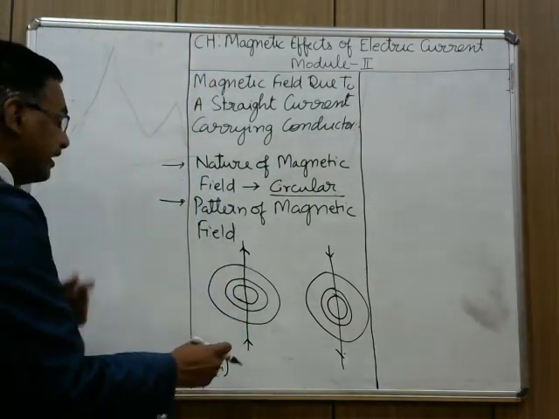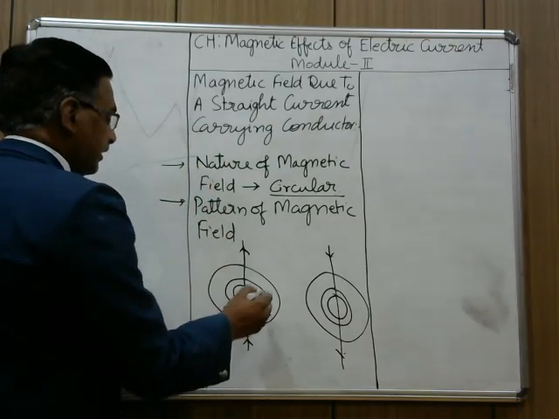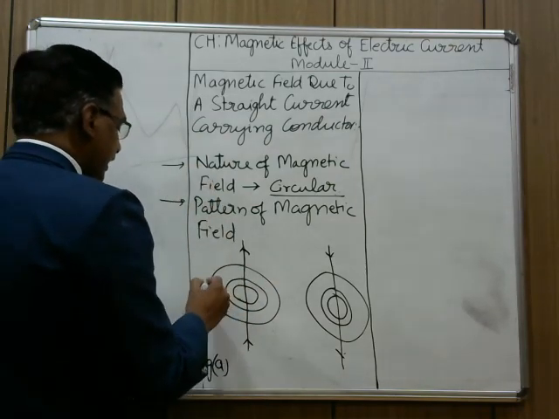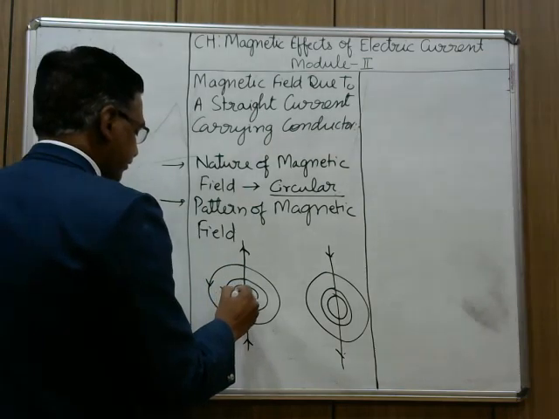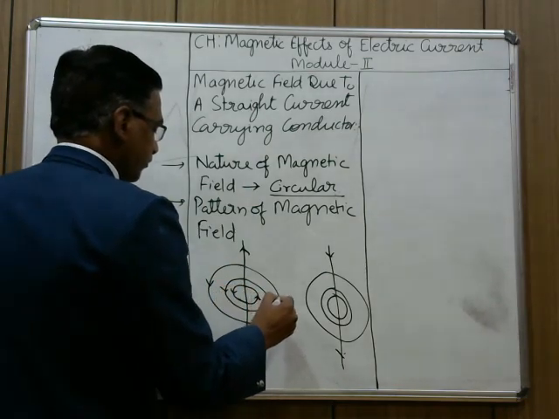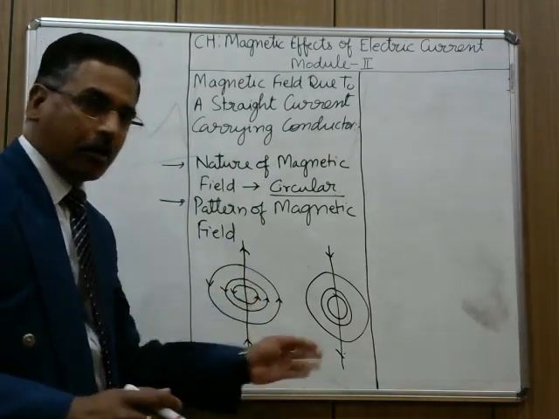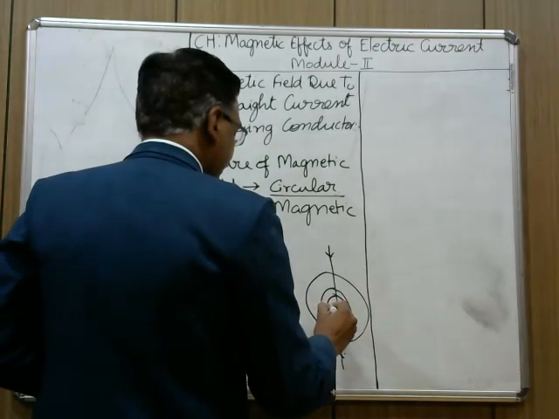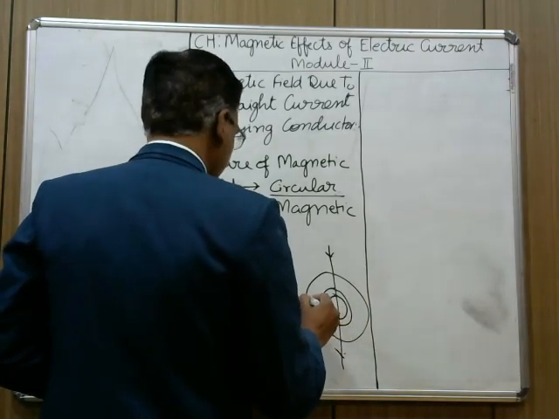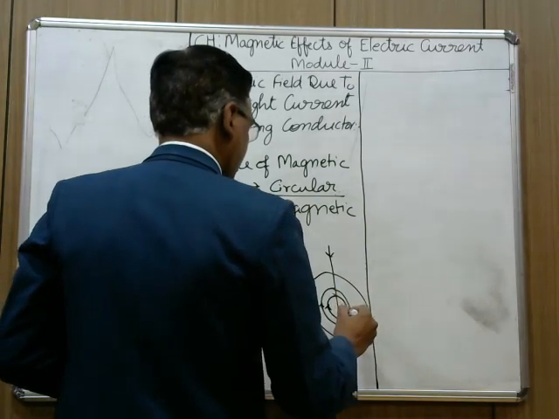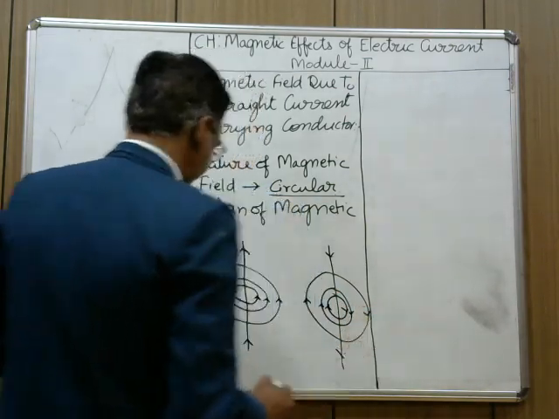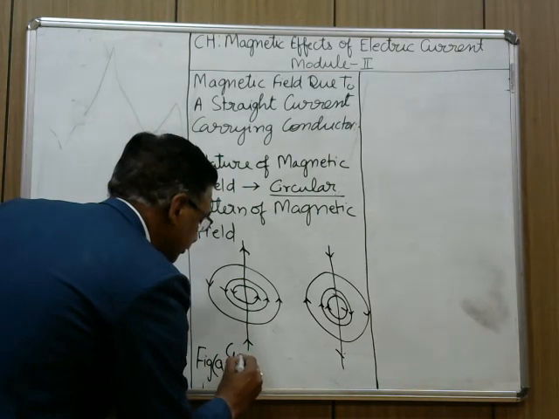If current is upward, the direction of magnetic field will be anti-clockwise. And if current is downward, the direction of magnetic field will be clockwise.